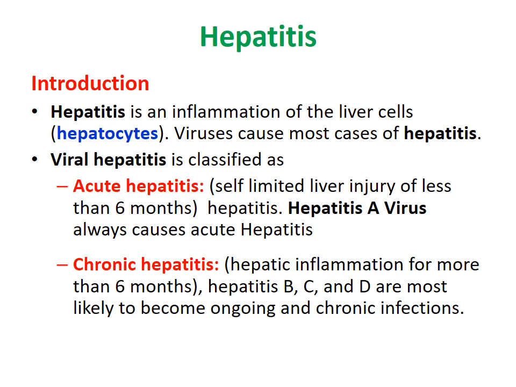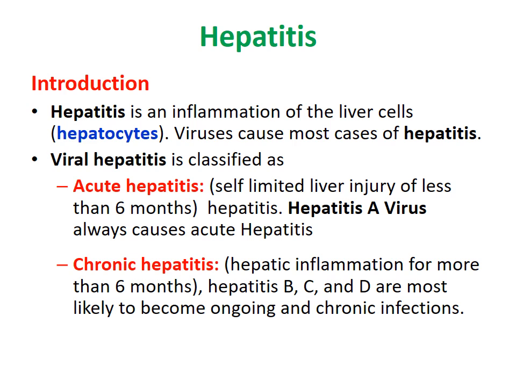Hepatitis is an inflammation of the liver cells, which can be caused by different things like drugs or excessive intake of alcohol, and it can also be an autoimmune infection. But viruses cause most cases of hepatitis. Among all these, viral hepatitis is classified as acute hepatitis and chronic hepatitis.